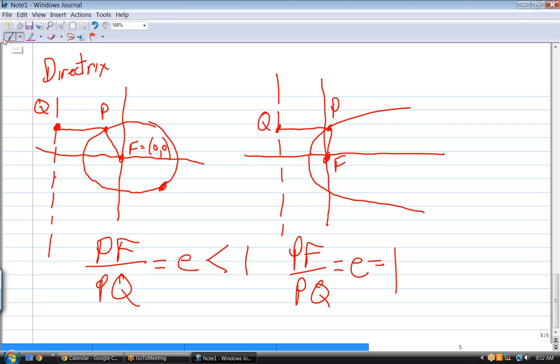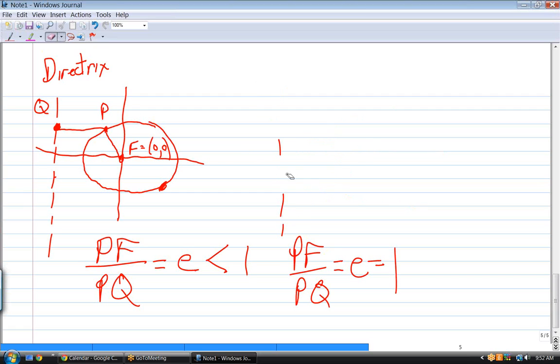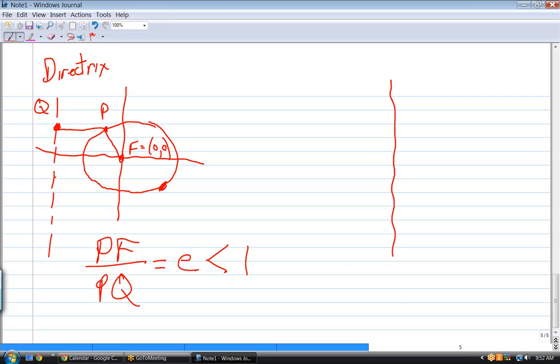I don't have enough room here. Let me take away the parabola, just so I have enough room to put the hyperbola next to the ellipse. And again, we're going to start with a polar coordinate system where that's pi over 2, and this is 0. Same thing over here.